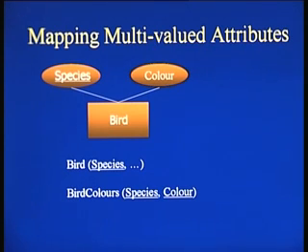Therefore we say that bird species X has color Y, X has color Z, X has color A, and so on. So the species attribute may be repeated in several tuples, once for each different color that the bird can take, and both species and color become the primary key for bird colors.